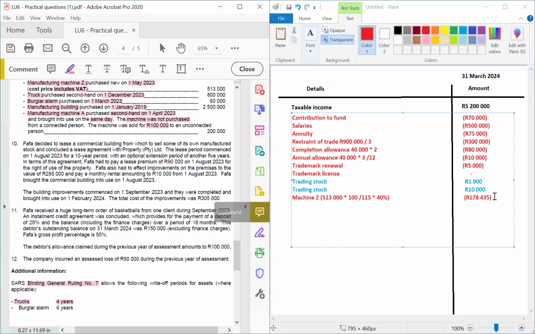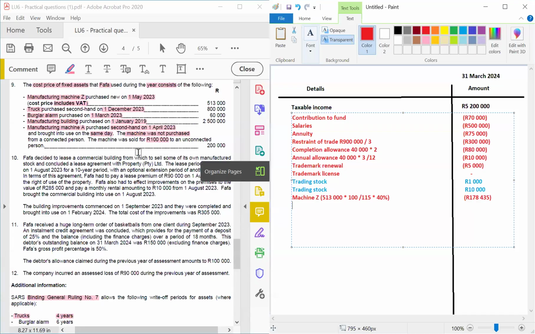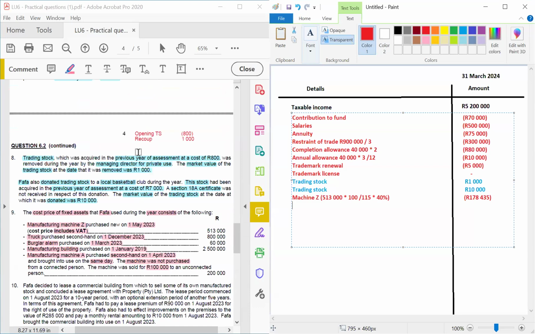So I'm just going to allow an allowance on this truck over 4 years. So this truck would be 800,000 over 4 years. Now, when was this truck purchased? On the 1st of December 2023.